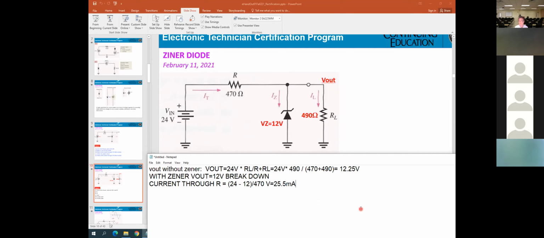Okay. If you want to calculate the current for the load resistor, the current IL equals VL divided by RL. 12 volt divided by 490, right?